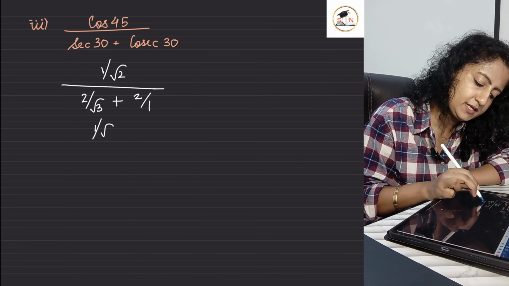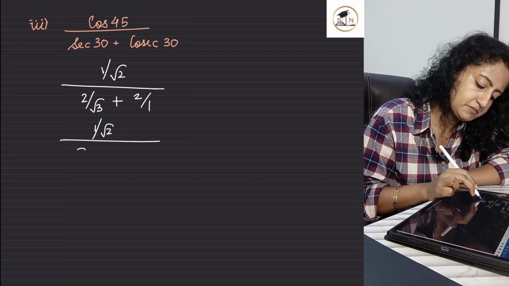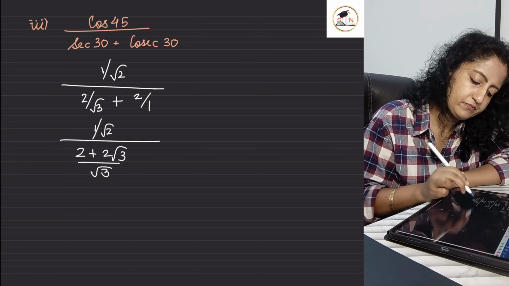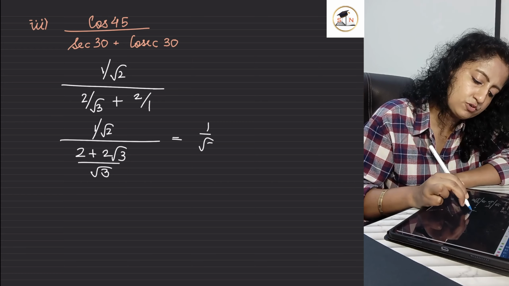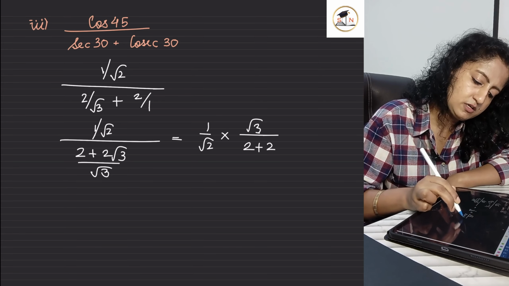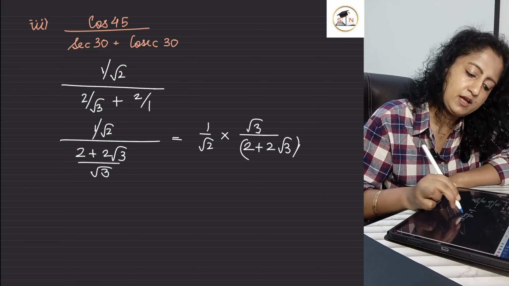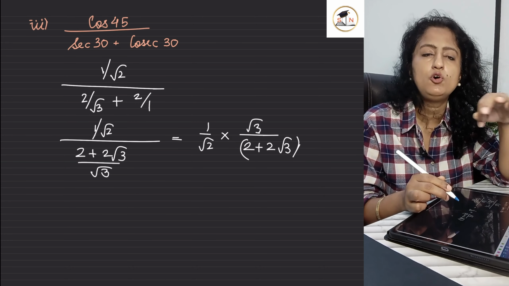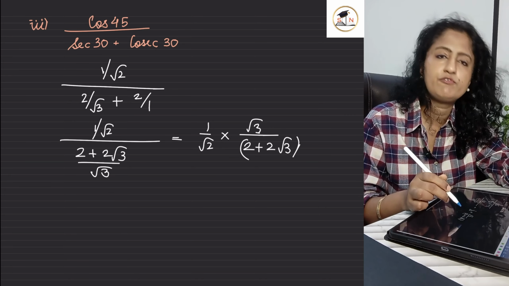I am keeping the numerator as it is, and this becomes 2 plus 2√3 whole by √3. Now 1 by √2 into √3 by 2 plus 2√3. I have taught in the previous videos a method a by b over c by d. I am just following that.